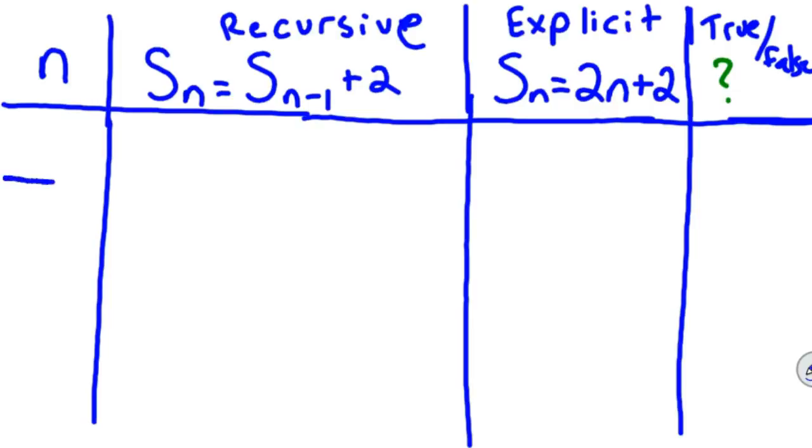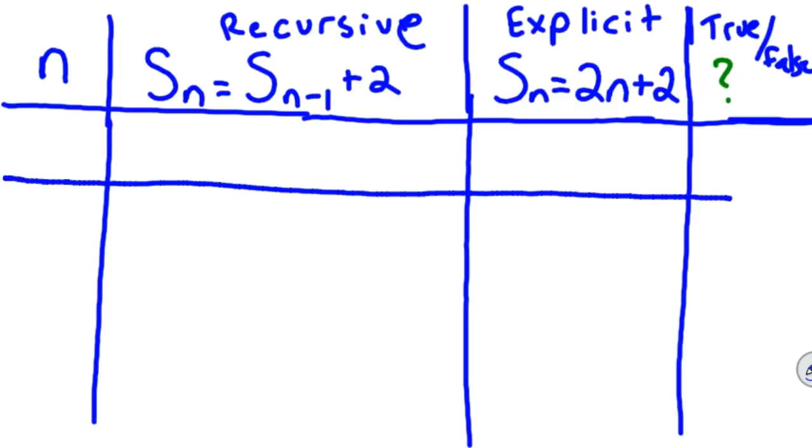So with math induction, you have to show that it works for the first term at least. First couple is even better. So we know in the recursive formula, S sub 1 was defined as 4. That's our starting point.